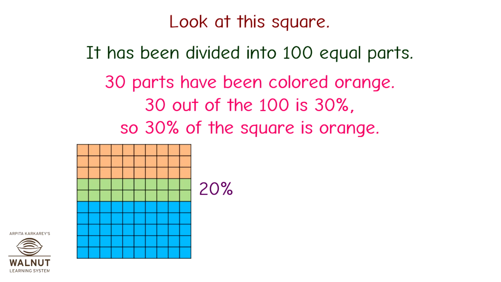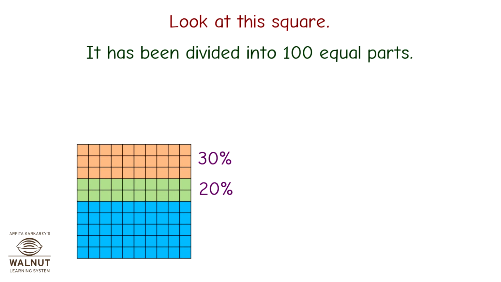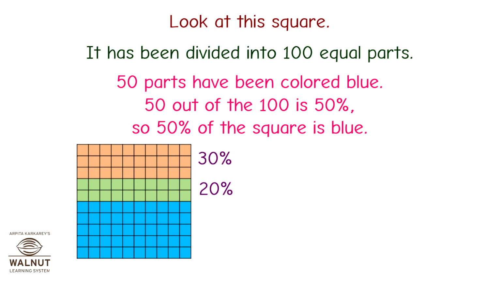So 30% of the square is orange. 50 parts have been colored blue. 50 out of the 100 is 50%. So 50% of the square is blue.